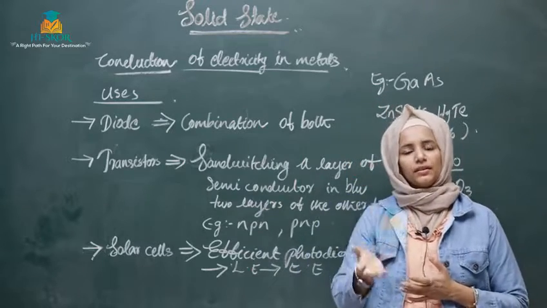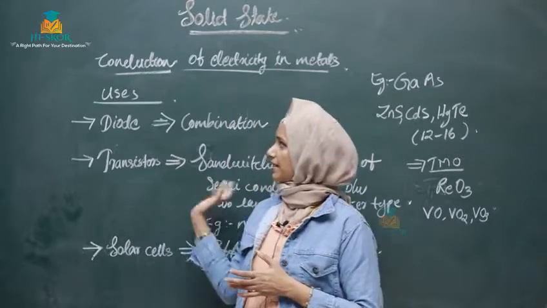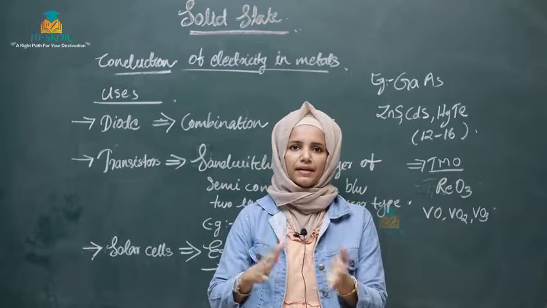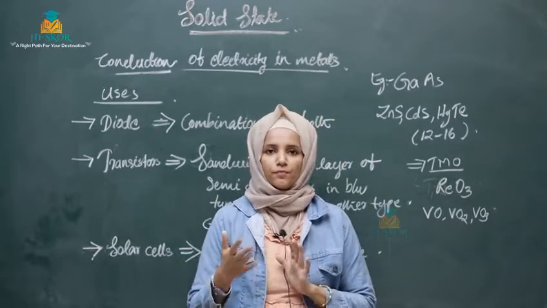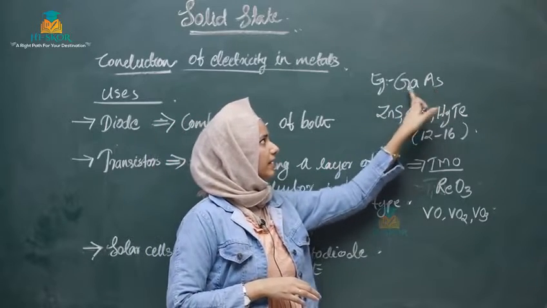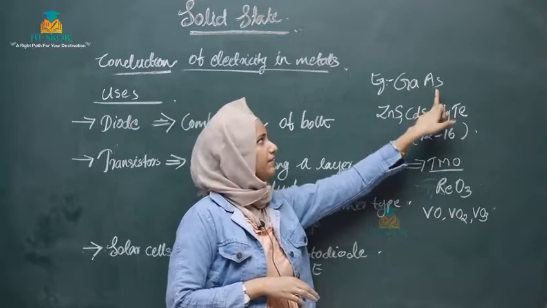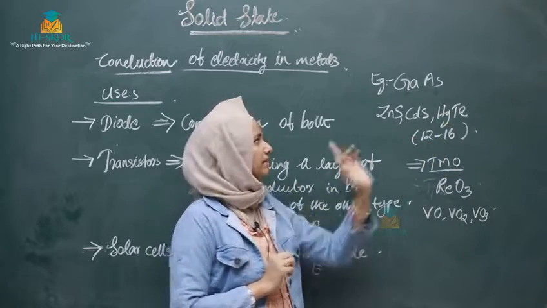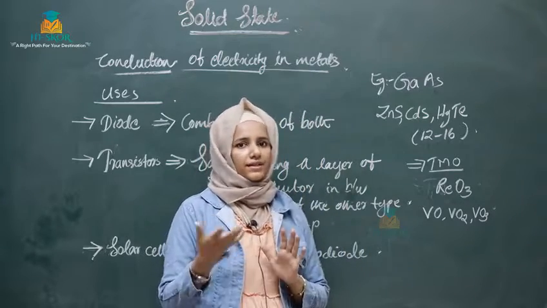Okay, and using this method of doping we can prepare a variety of compounds. What cases did we just discuss? Group 14 elements doped with group 15 or 13 elements, that is p-type and n-type, and other varieties are also possible. We can dope with groups 12 and 16. For example, gallium arsenide, gallium from group 13 and arsenic from group 15. Examples of group 12 and 16 compounds are ZnS, CdS, HgTe, etc. Like that we can prepare a variety of compounds.